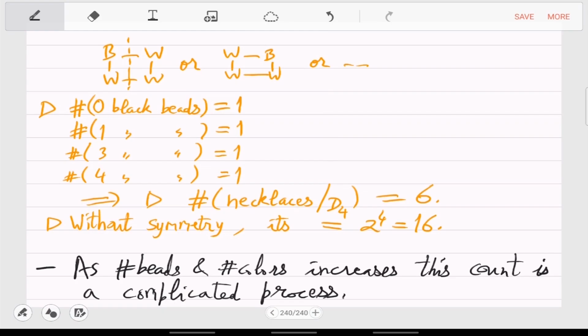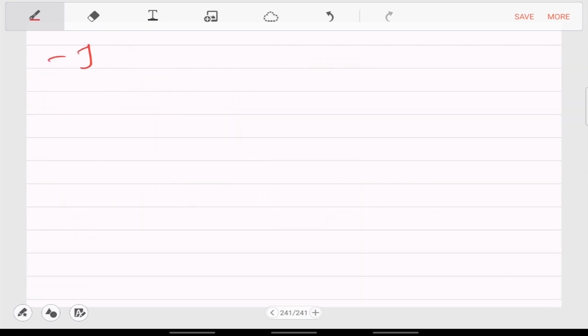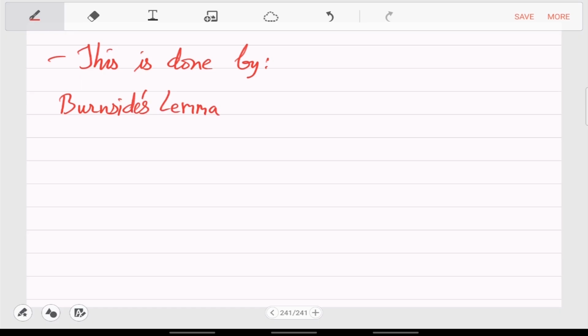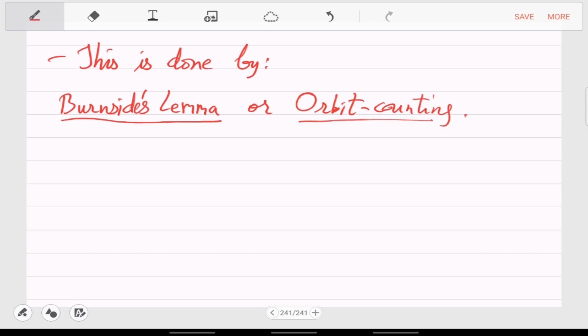If you are interested, you can read about it. Do you know the topic? It's called Burnside's lemma, or orbit counting. So if you are interested, you can read that.